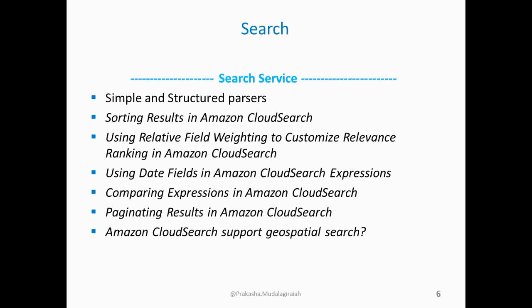SDKs and the AWS CLI handle request signing and provide an easy way to perform all the CloudSearch actions. We can also use the Amazon CloudSearch console. We can use the search tester to search our data, browse results, and see the generated request URLs and the response in JSON or XML format.